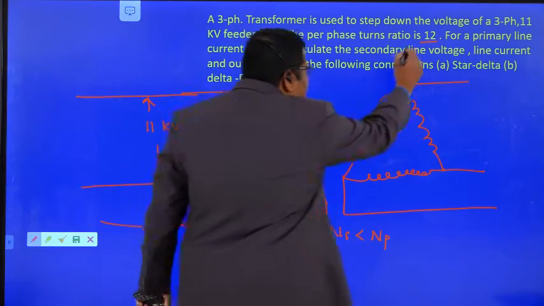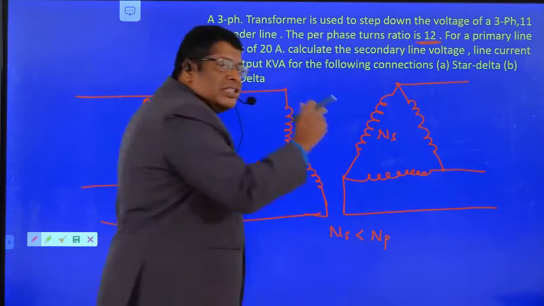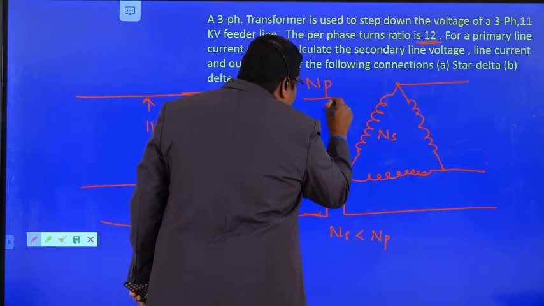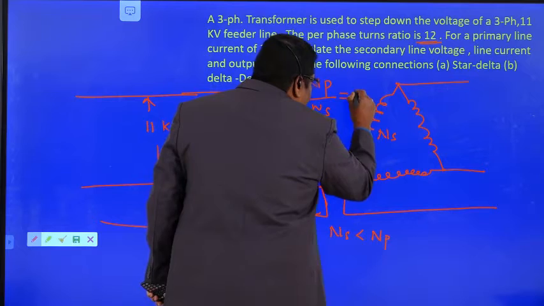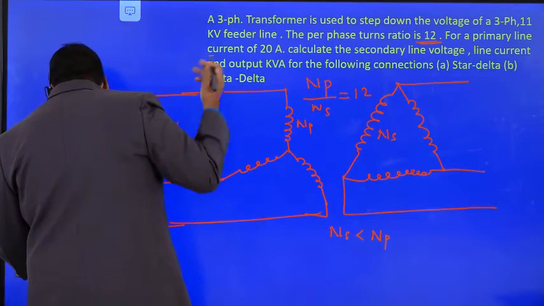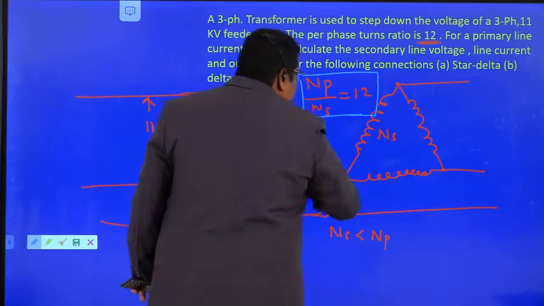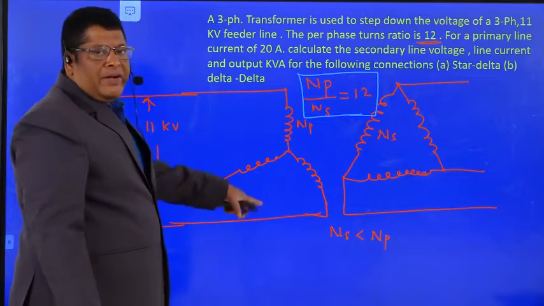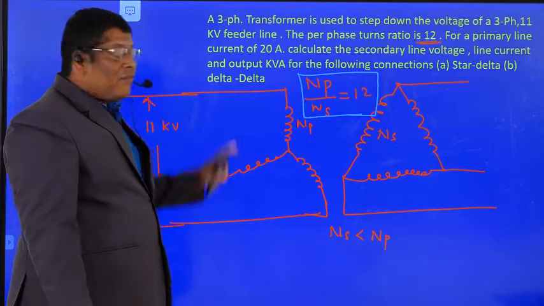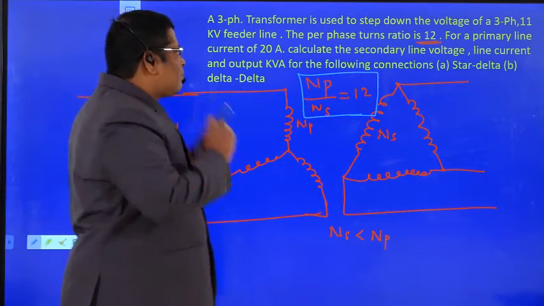So the turns ratio of the transformer is defined, in this problem, as the number of turns in the primary winding to the number of turns in the secondary winding, that is equal to 12. That value is given, and you have to keep it in mind. That is a crucial point in this problem.